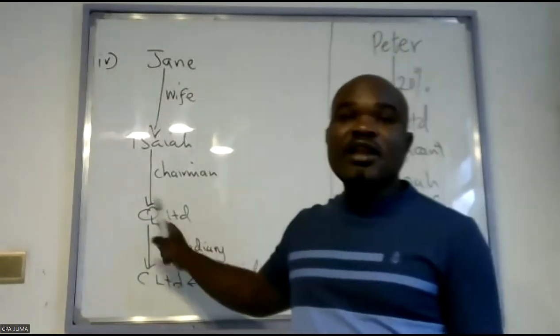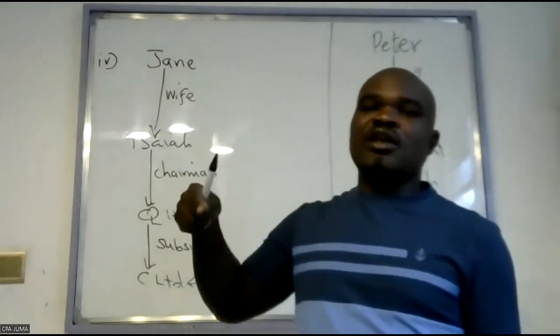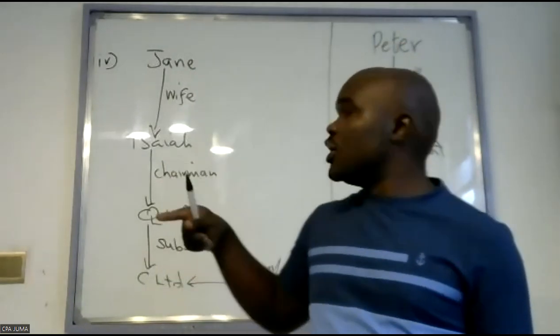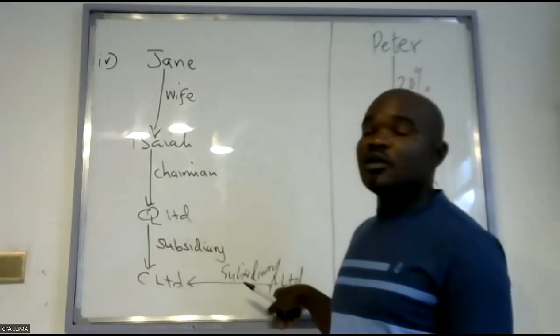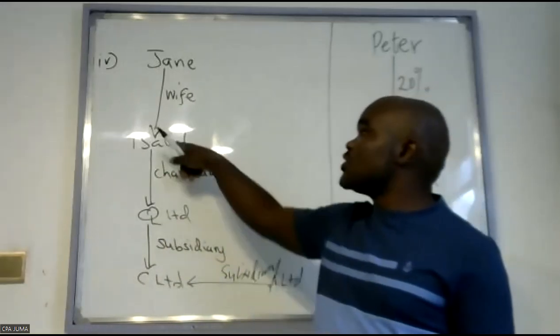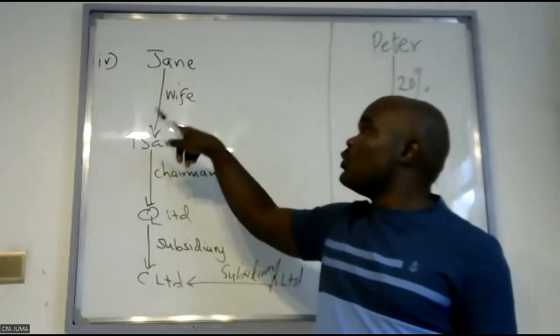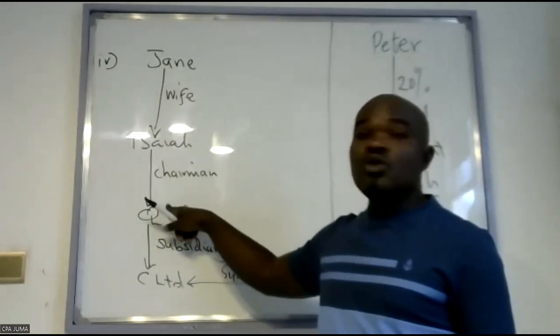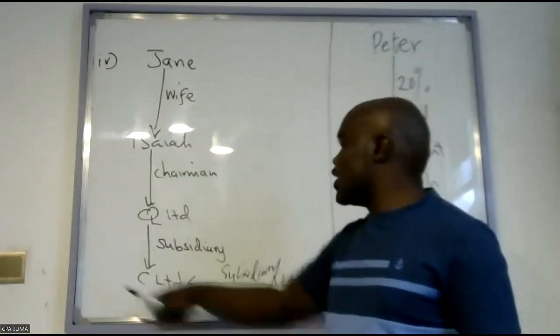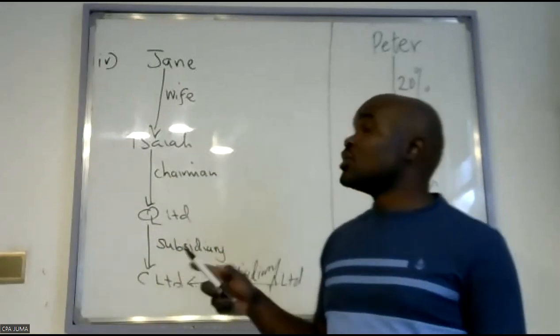And any company or anybody related to Q will also be related to C and A. So let's assess Isaiah. If we find out that Isaiah is related to Q, then it means Isaiah will also be related to these other companies.